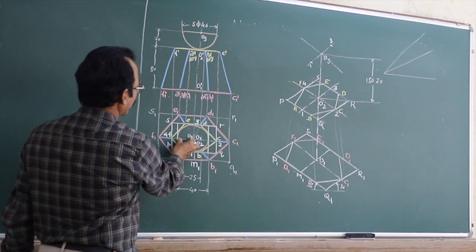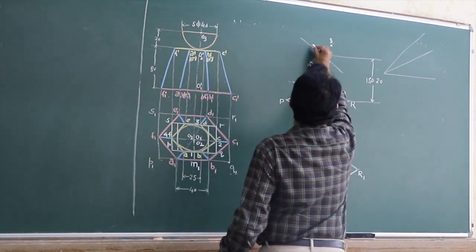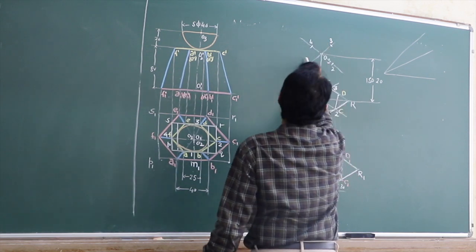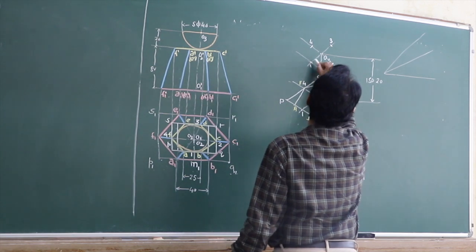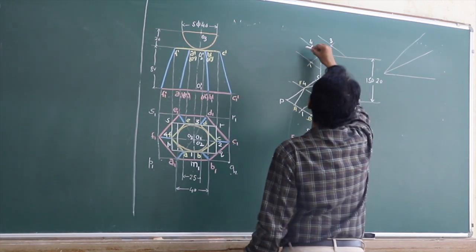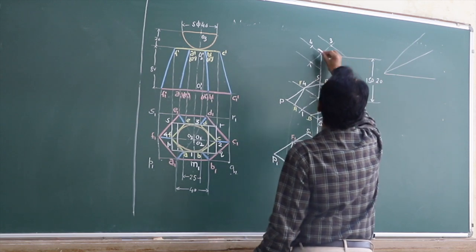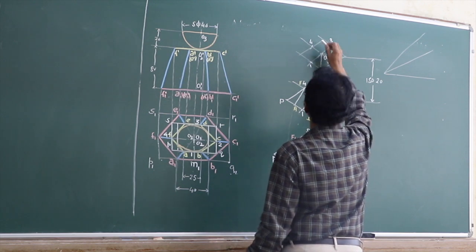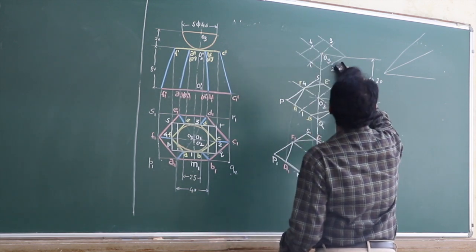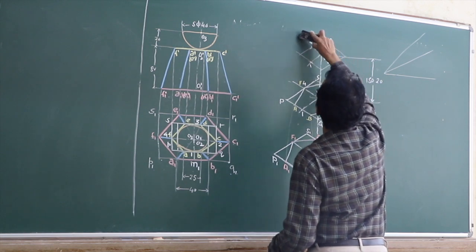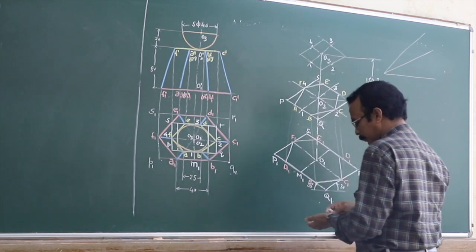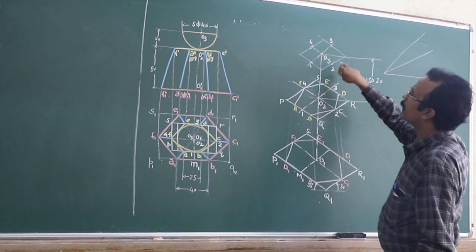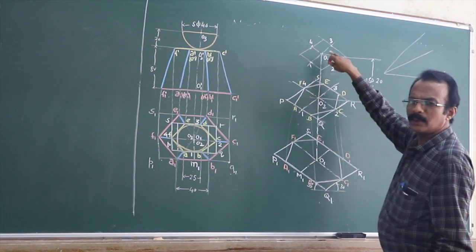So take ISO 20 and mark these other 2 points also here, 2 and 4. Then passing through 1 and 3, draw lines parallel to the other center line. Then passing through 2 and 4, draw lines parallel to the other center line. Whatever extra things are there, just remove them. Now you have a perfect isometric projection of a square here.